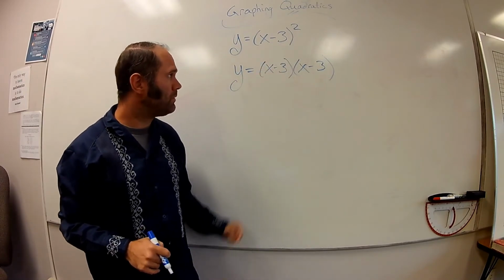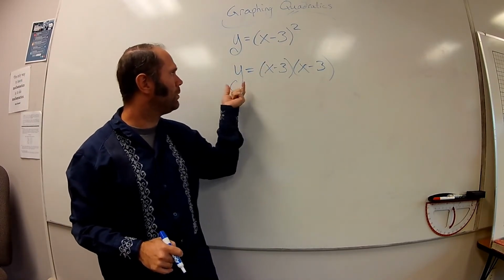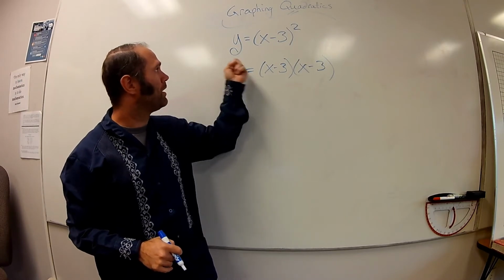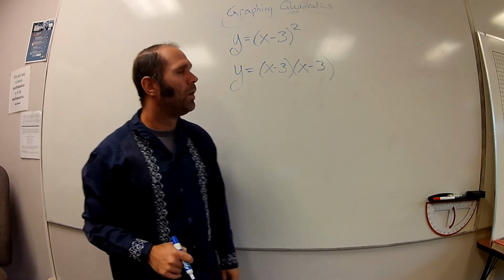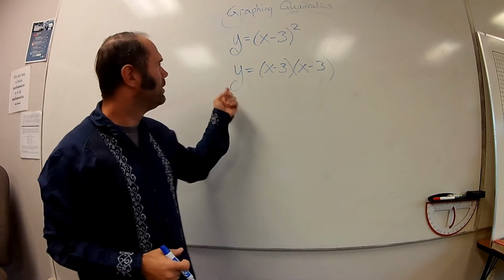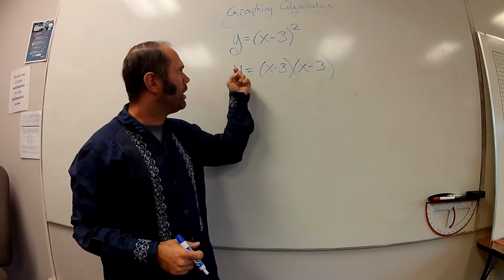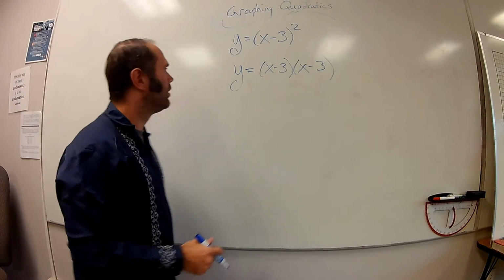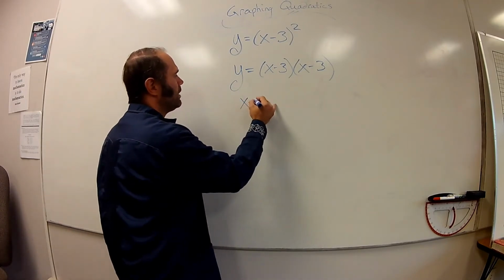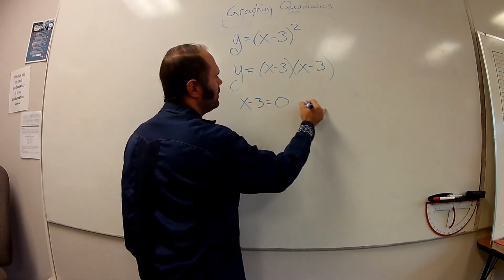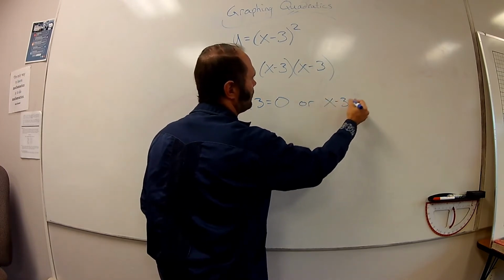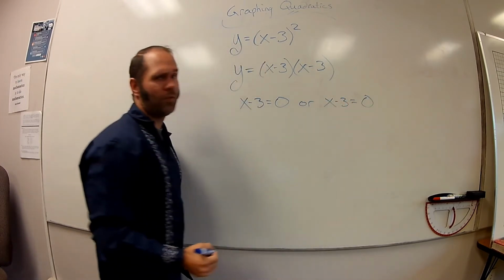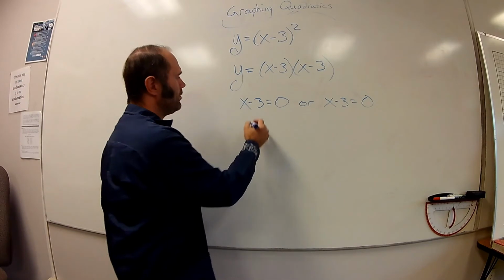So if a times b equals 0, and we are plugging 0 in for y to find the x-intercepts, then a must be 0 or b must be 0. So we can rewrite this as x minus 3 equals 0, or x minus 3 equals 0. So it looks like we're going to get the same number twice.